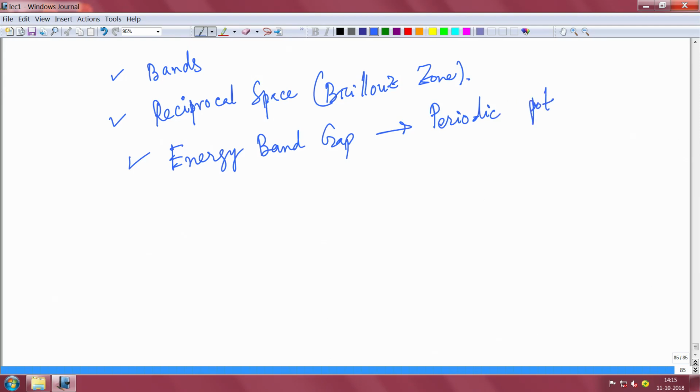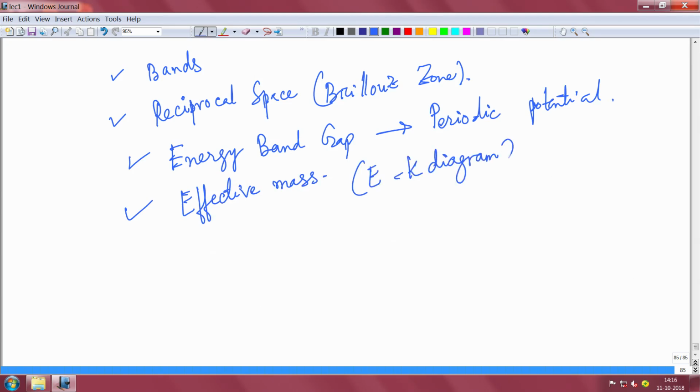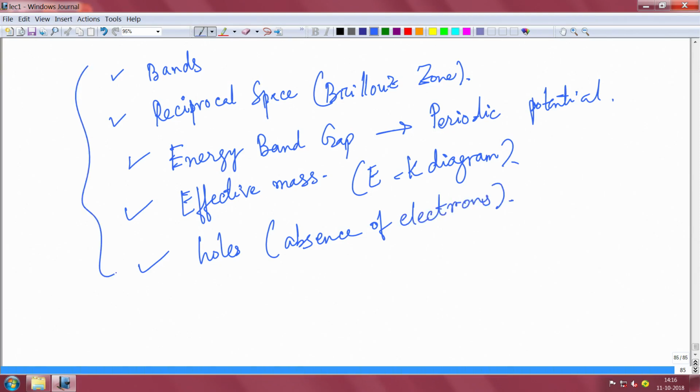And I told you about things like effective mass of electrons, how the entire quantum mechanics is captured in the E-k diagram, and effective mass comes from there. Electrons going from valence to conduction band leave behind a hole. So, I introduced the concept of hole, absence of electrons. Okay. These are things we had studied initially.